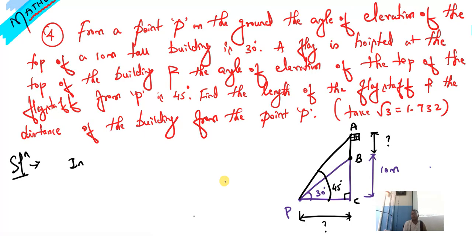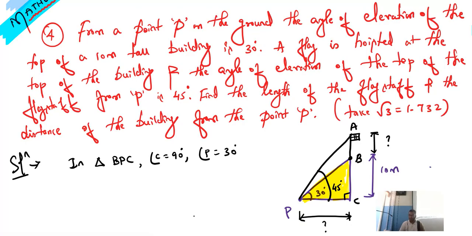So for the first right angle triangle, let me say, in triangle BPC, the small triangle, can you see this small figure here? In triangle BPC, we know that angle C is 90 degrees, and also we know that angle P is 30 degrees.